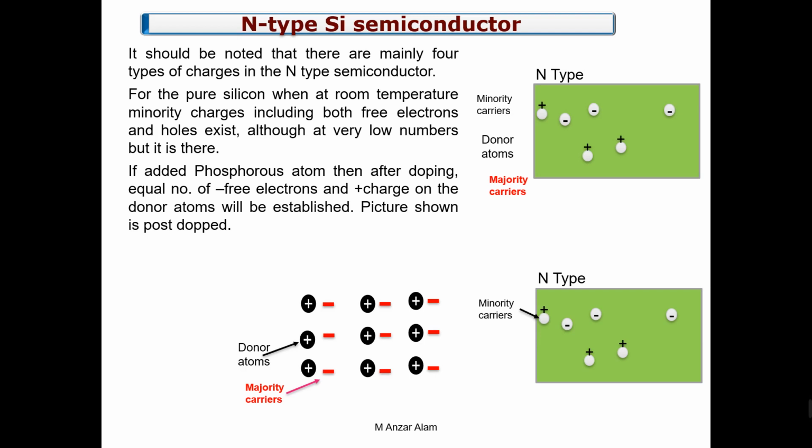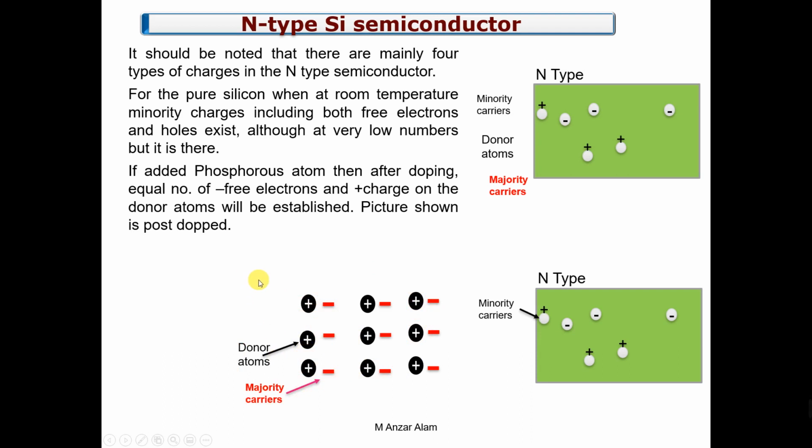These phosphorus ions are still having a covalent bond with the silicon atom, and the covalent bond is very strong. So these charges cannot be moved. The flow of current is possible by the majority free electrons, not by the positive charges. But we should know that there are two more charges, plus and minus.